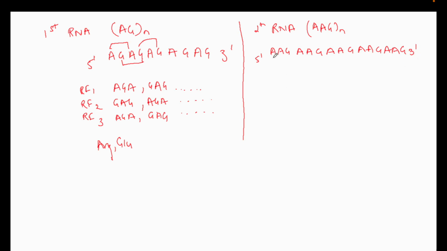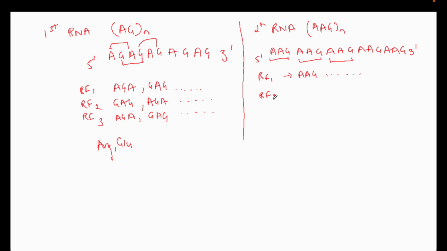Again we'll select this 3-base set and write it. Here obviously it is a 3-base set, so AAG will repeat n times. So the first reading frame will be AAG n number of times, right?